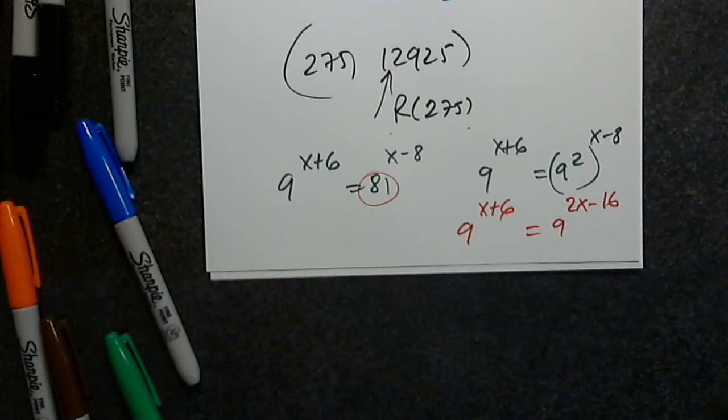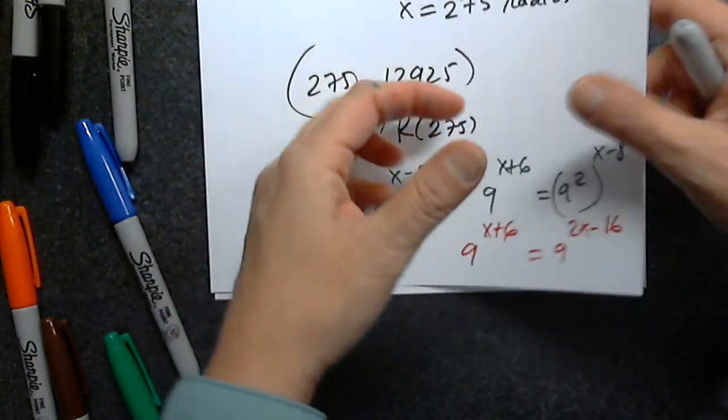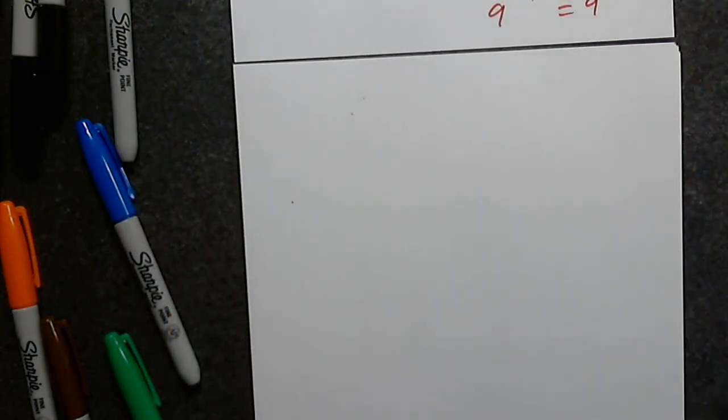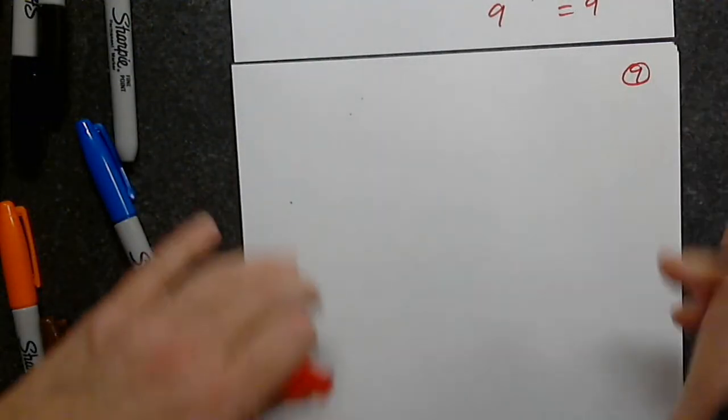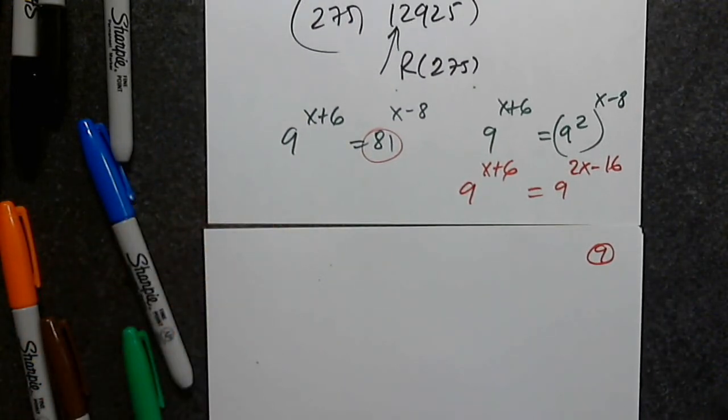What has to happen then? The exponents have to be the same. Right. Okay, so the powers have to be the same, which means x plus 6 must equal 2x minus 16.